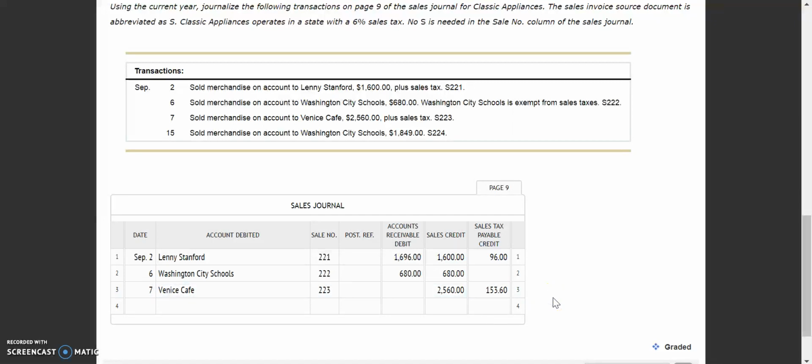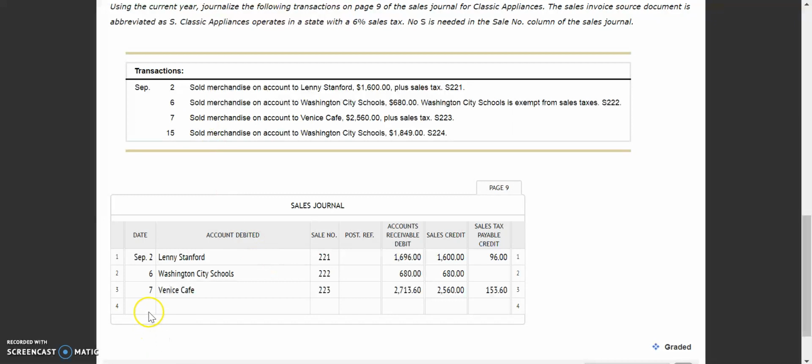The total that Venice Cafe owes us then is their total merchandise plus their sales tax, which is $2,713.60. So just remember, you have to start with your sales, and then I go and figure my sales tax, and then I go back, and that total then goes in my accounts receivable debit.